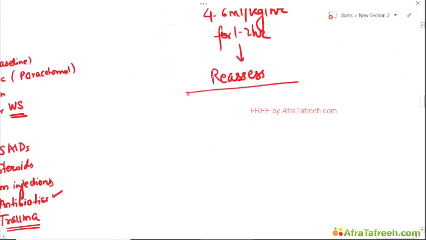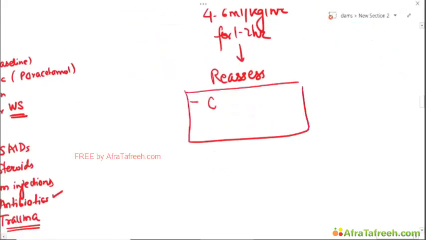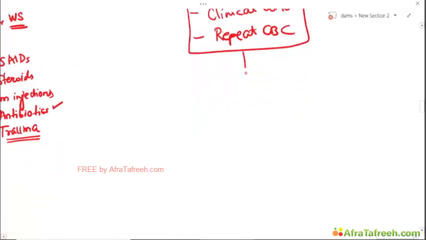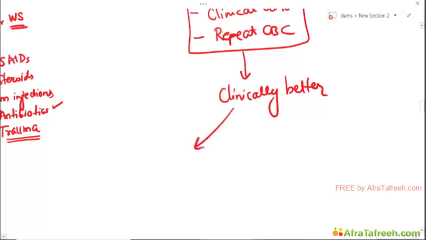In the reassessment, we have two things. One is clinical condition, and second is repeat CBC. If the patient is clinically better, then taper fluids.